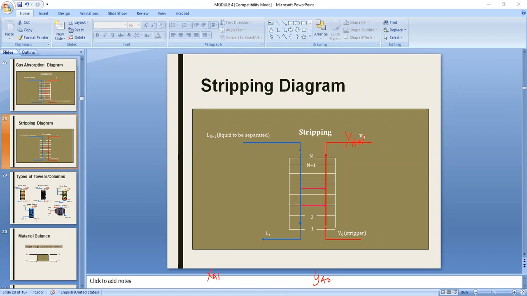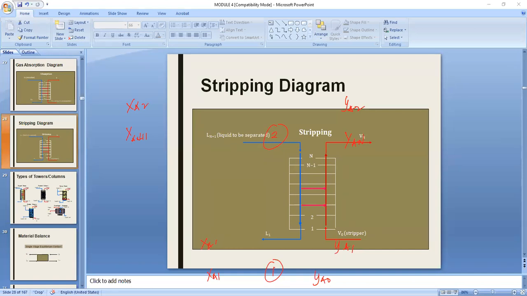And this would be XAN plus 1. So some will find it confusing, whereas if you simply have 1 here and 2, you need not confuse anything. This will have YA1, this will have XA1, this will have YA2, and this will have XA2. But again, just a suggestion.